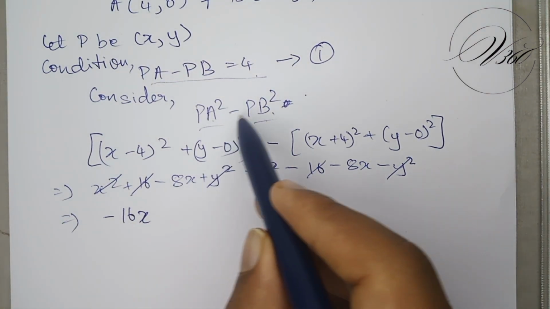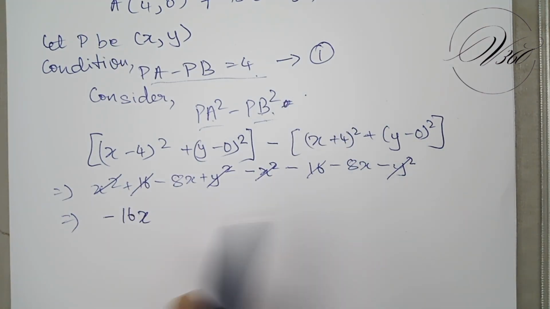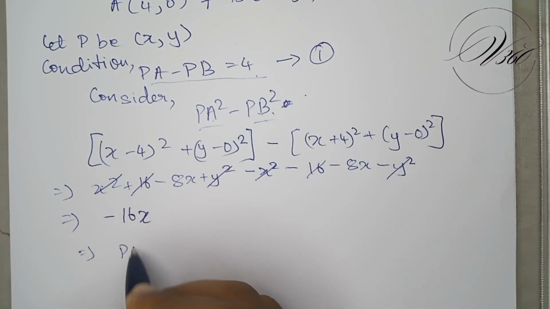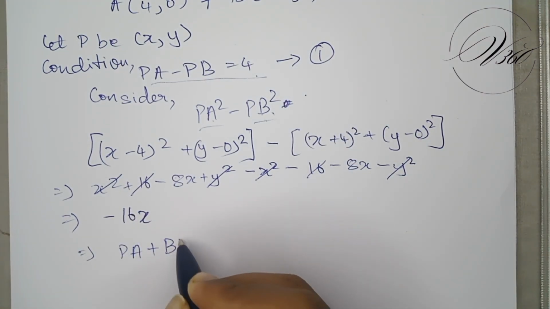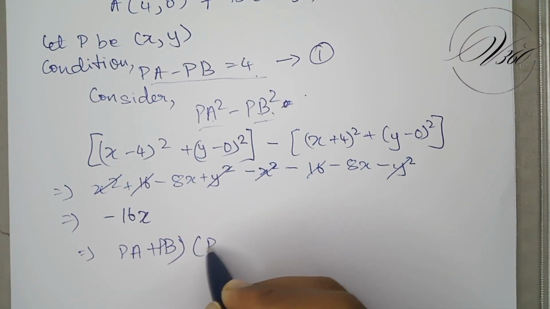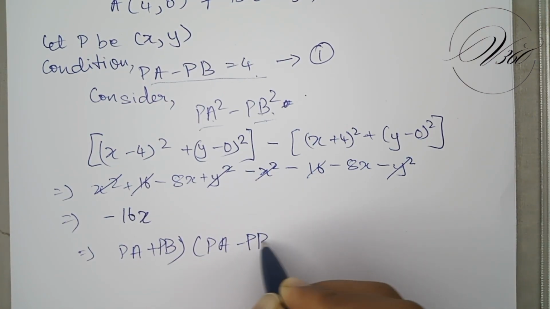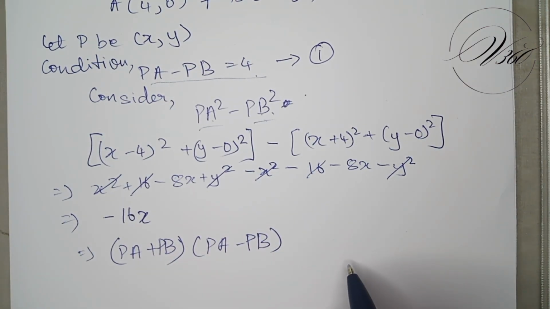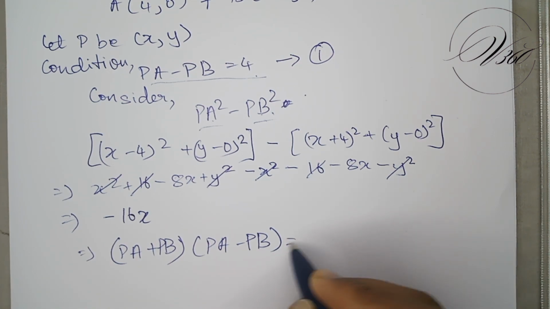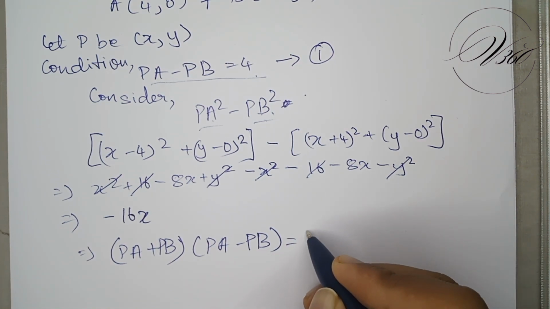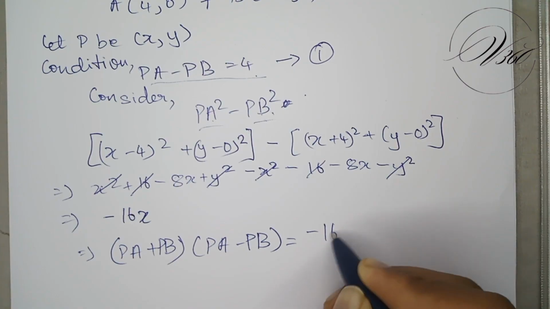Now PA square minus PB square, if we expand, we will get (PA plus PB)(PA minus PB), right? In the first equation, what is there? PA minus PB is 4, right? Now here this is minus 16x, right?